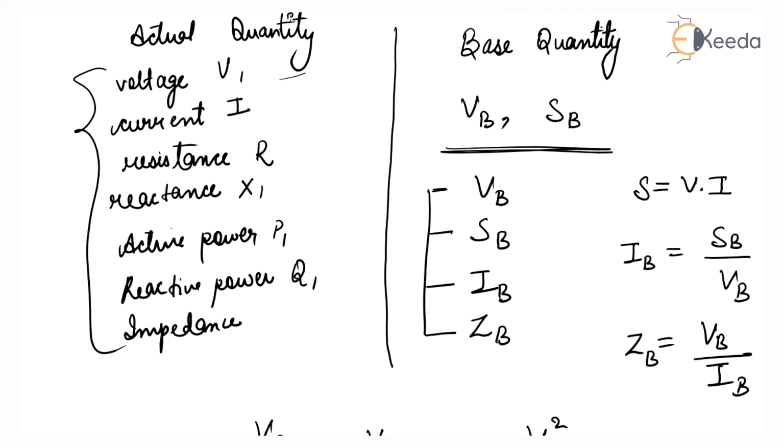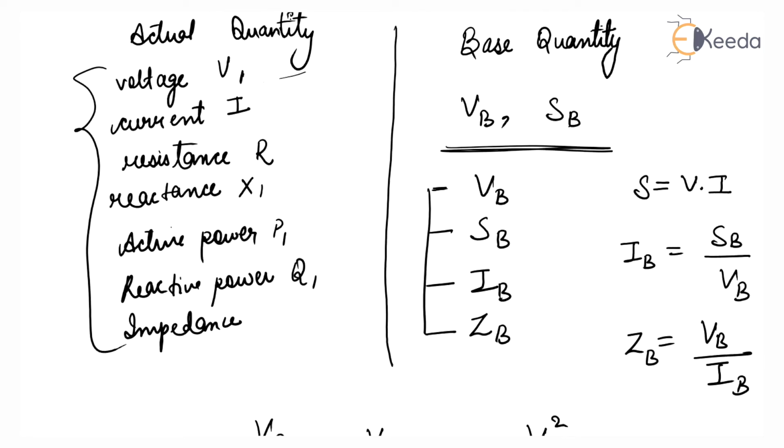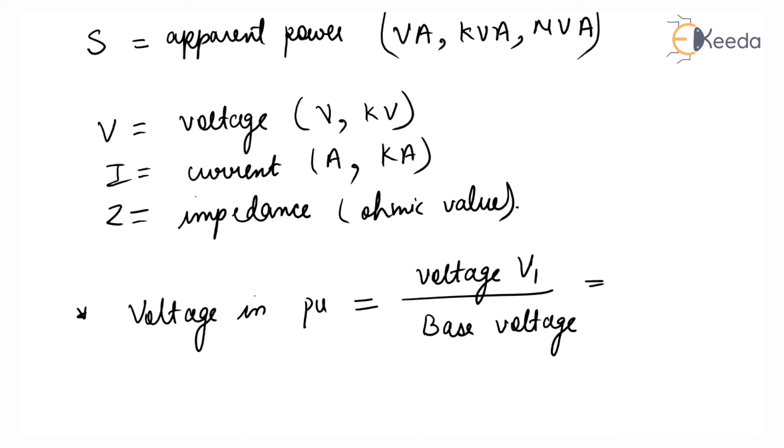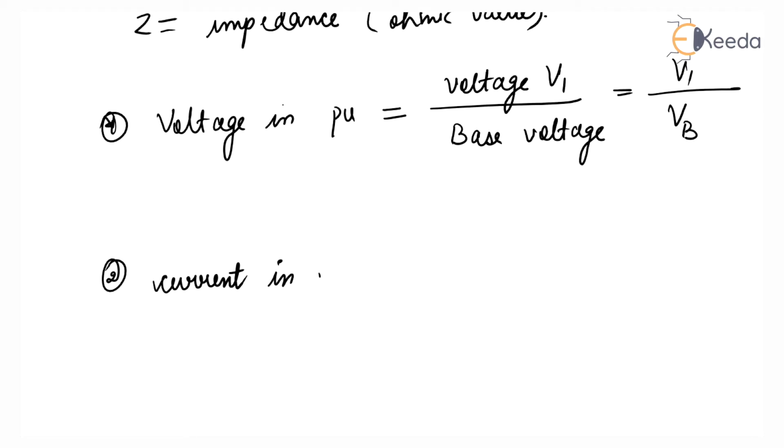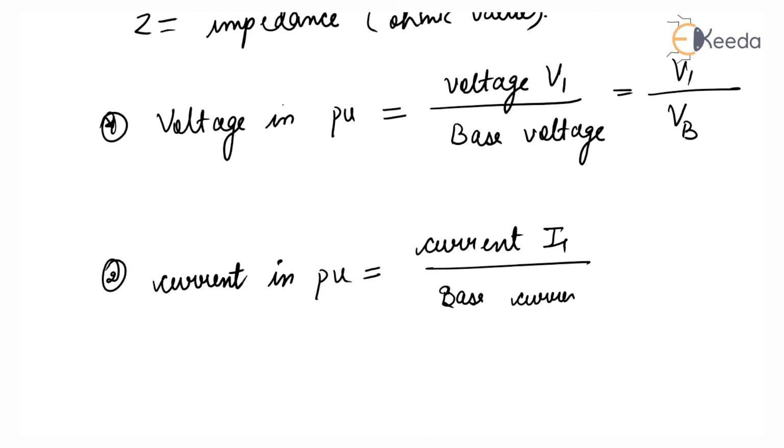These are the actual quantities or operating quantities. Actual quantity V1 upon base voltage, so V1 upon V base. Second, current in per unit is equal to actual current I1 upon base current.